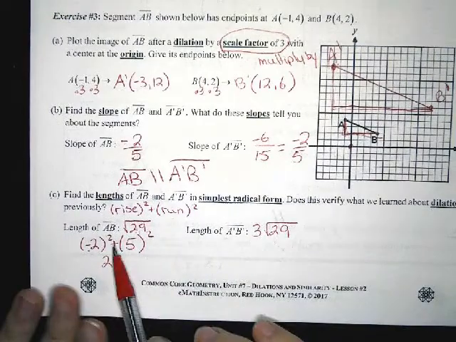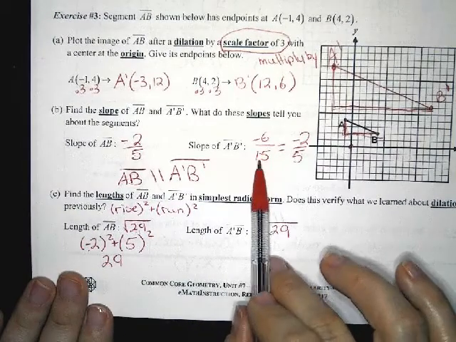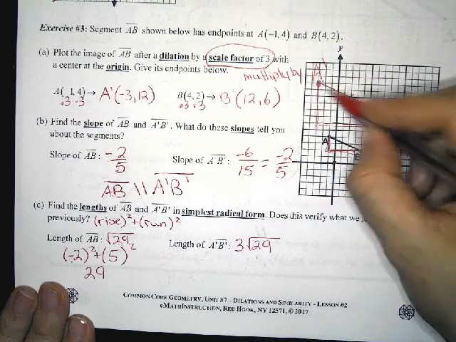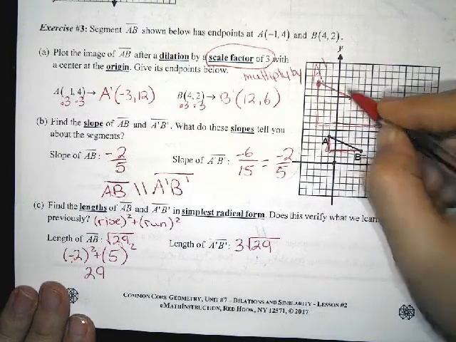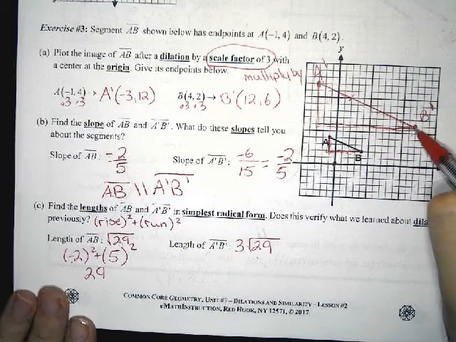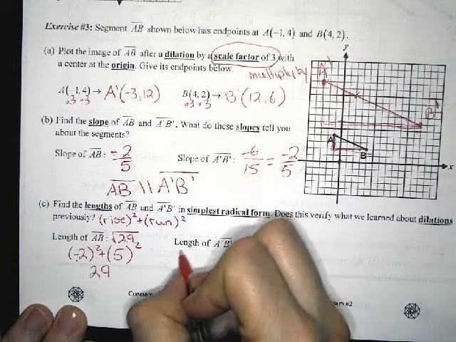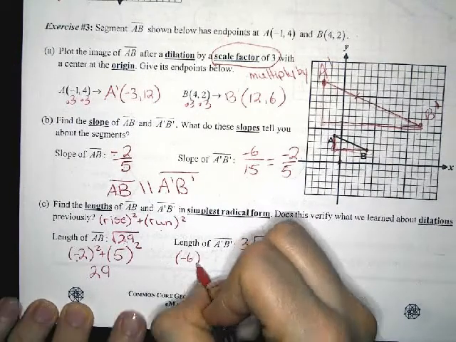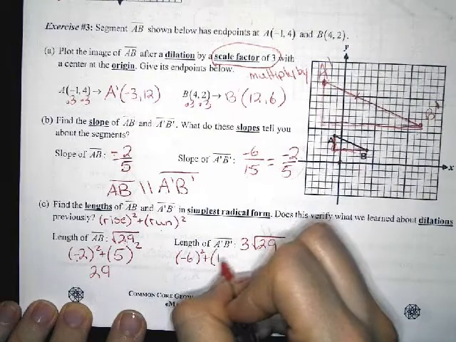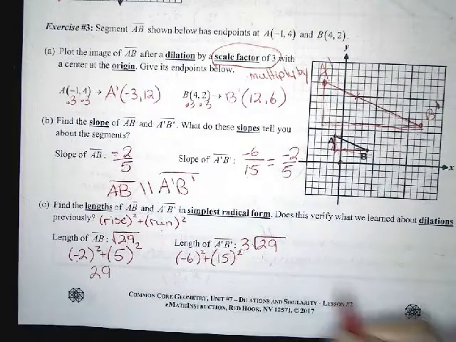Okay. I'm going to take the rise squared and the run squared. Now don't use the reduced form because that's only going to find you the length from here to here. I need to use the original slope because it's all the way from A prime to B prime. So I'm going to use this -6 and I'm going to use this 15. So rise squared plus run squared.